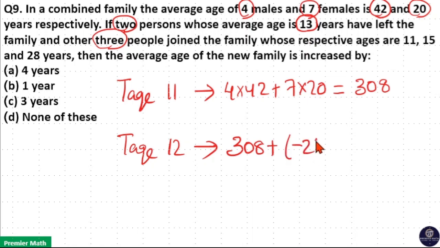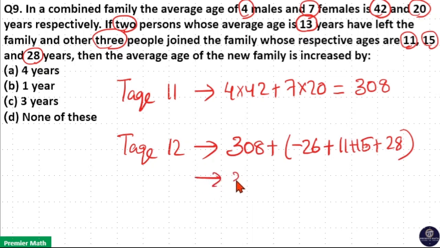So minus 26. Then when 3 people join the family, we should add 11 plus 15 plus 28 years to the overall increment in the age. That is 11 plus 15 plus 28. Now, total age of 12 people becomes 308 plus 28, which is equal to 336.